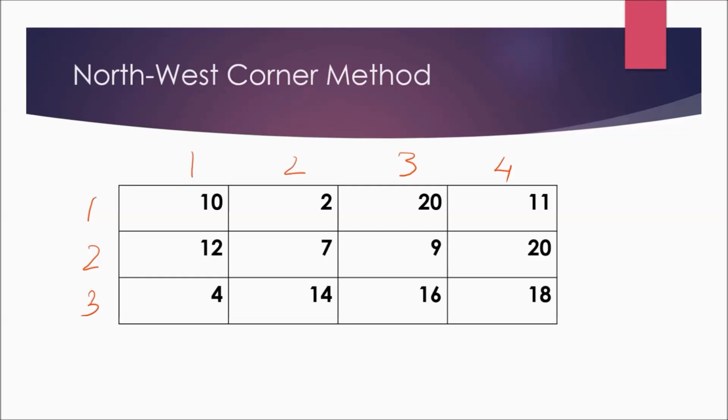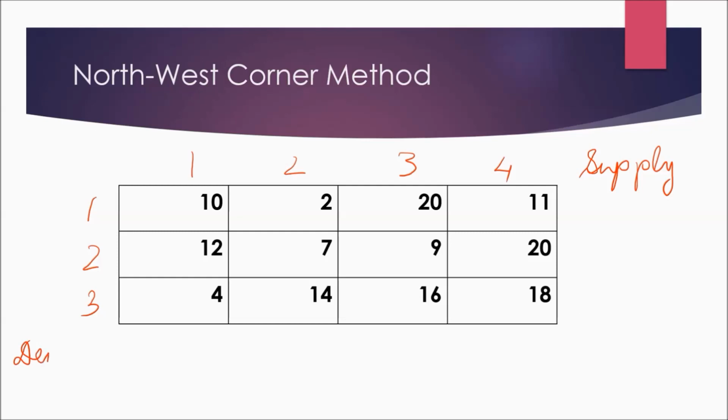The first row is the first source, meaning it will supply goods to the 4 different destinations. Along the columns, 1, 2, 3 and 4 are the demands of the 4 different destinations.